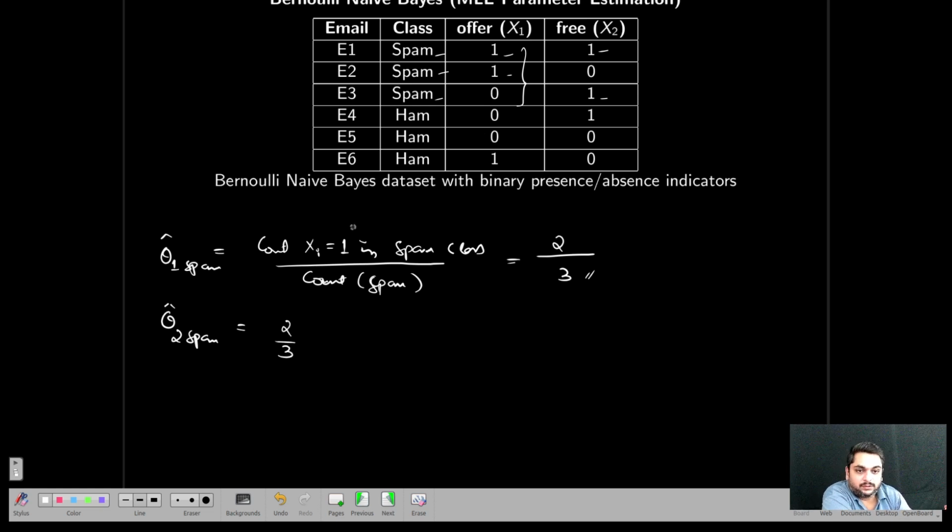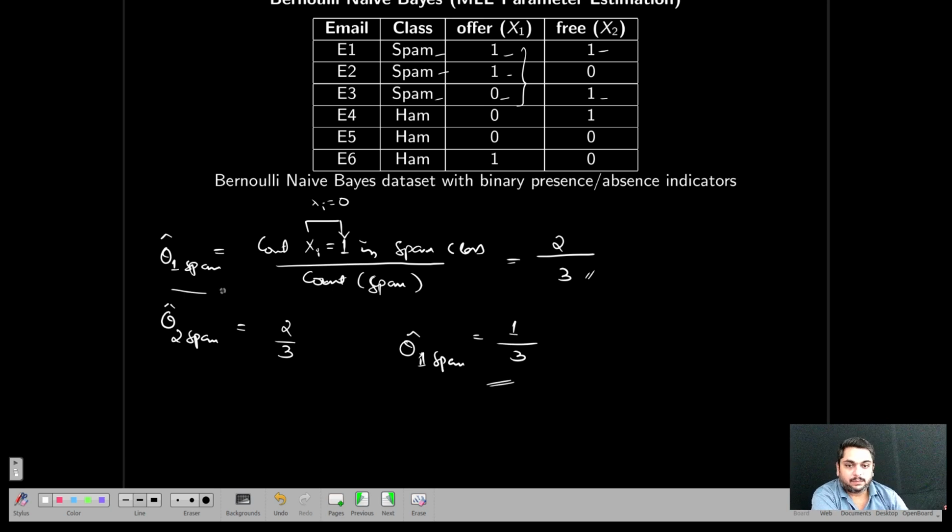If I want to estimate for xi equal to 0, you just count that 0. In the problem, you can identify whether it's xi equal to 1 or xi equal to 0. If I say xi equal to 0, there is only 1 zero for the spam class out of 3.